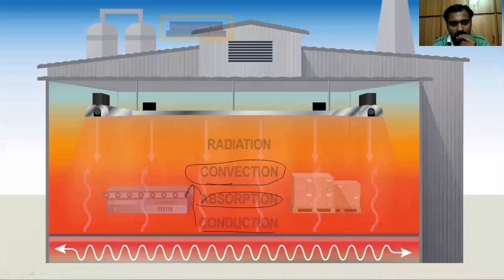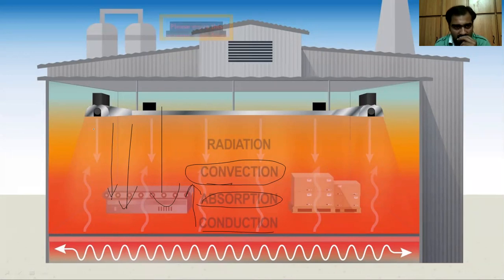And how does it happen with radiation? When the infrared is produced in this area, through those infrared rays, through the radiation, the heat is produced, and the radiation is imposed on the material or the substance to be heated.